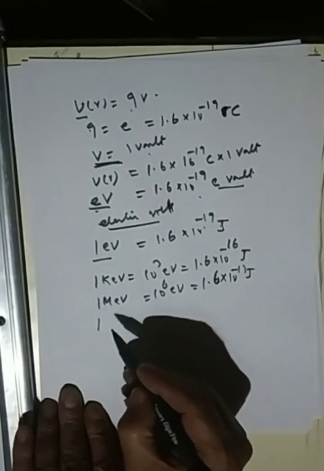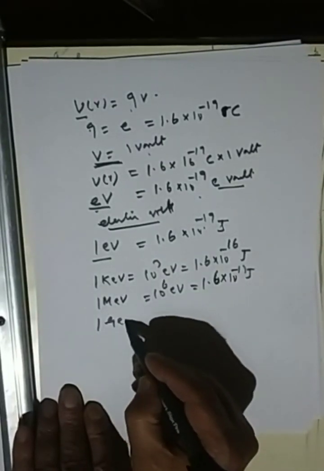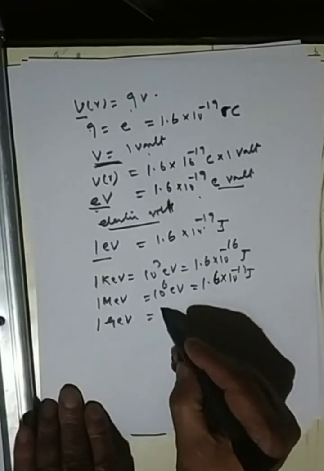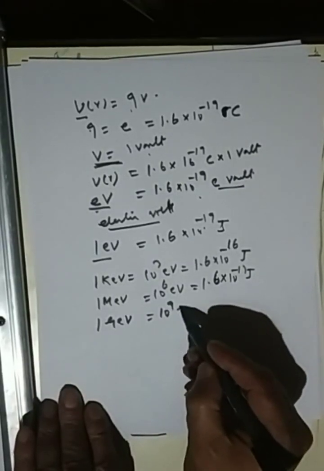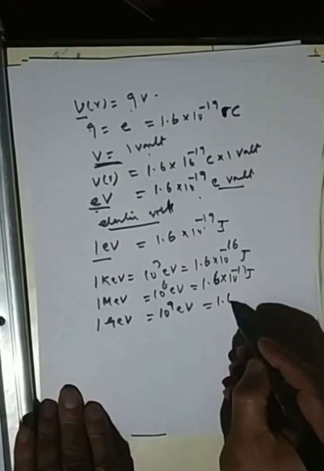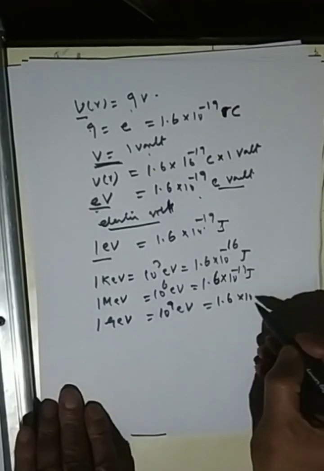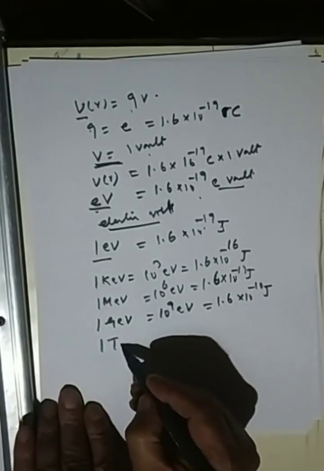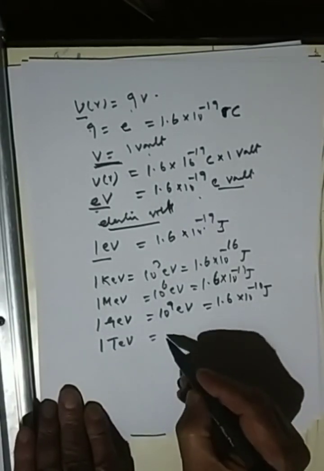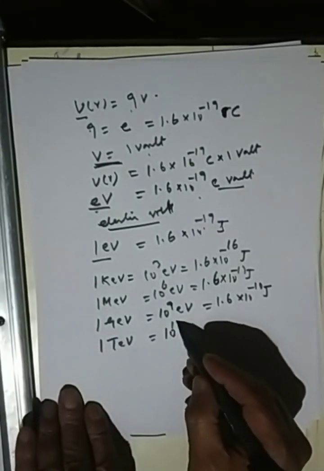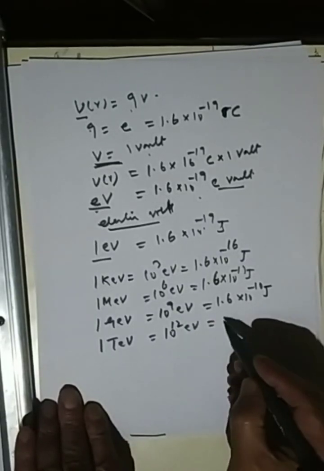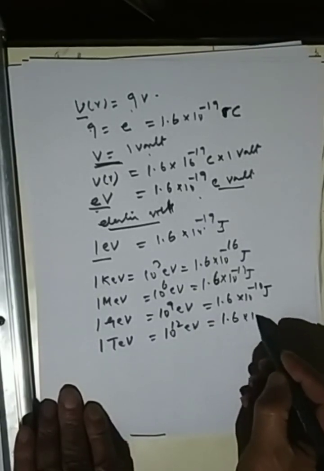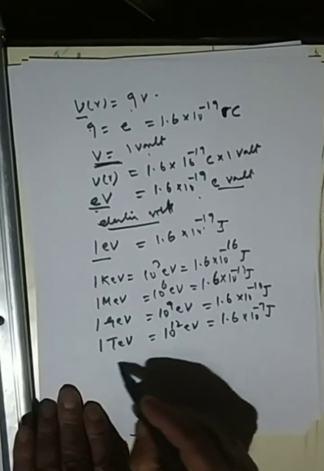Another bigger unit, 1 giga electron volt, that is 10 raised to the power 9 electron volt, is equal to 1.6 into 10 raised to the power minus 10 joule. And 1 tera electron volt, that is 10 raised to the power 12 electron volts, comes out to be 1.6 into 10 raised to the power minus 7 joules.